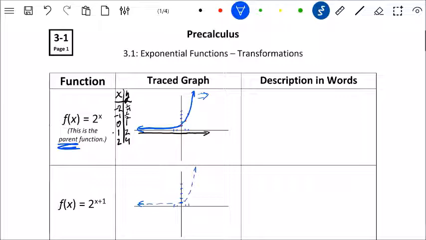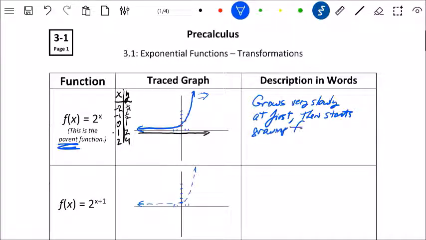And so what happens here is it grows very slowly at first, then starts growing faster and faster. That's a basic generalization of what happens there.